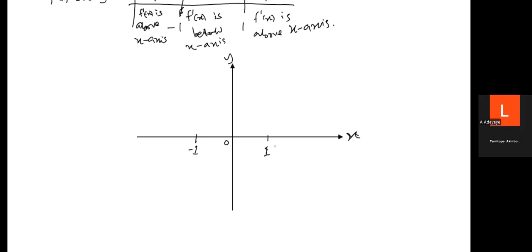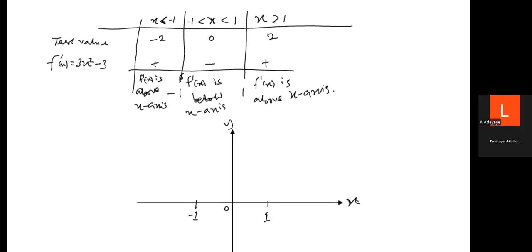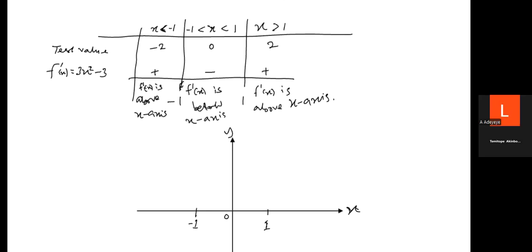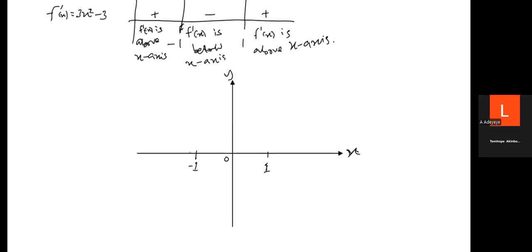Now, let's go back to our sign table. We said less than 1, at that point f prime of x is above the x-axis. So before this one, let me go to where we obtained the critical numbers.